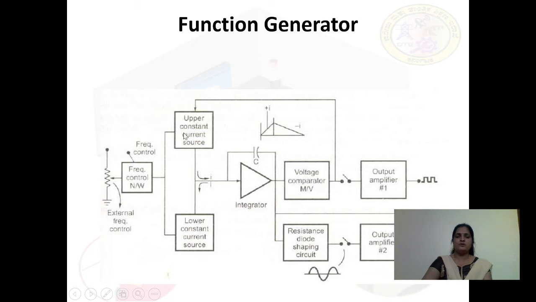These upper and lower constant current sources will be helpful to operate the integrator. The next stage after the first stage, that is the frequency control network: in order to operate, the frequency controlled voltage will pass through the upper constant and lower constant current sources.